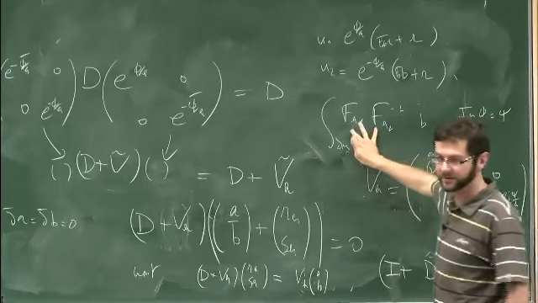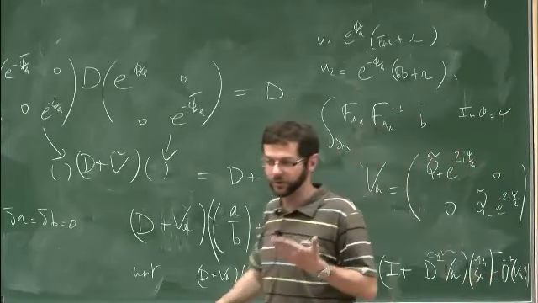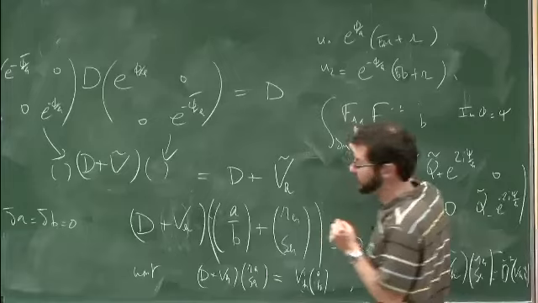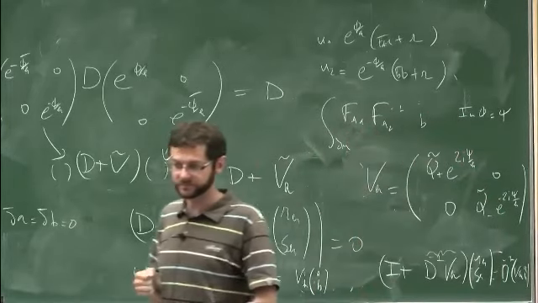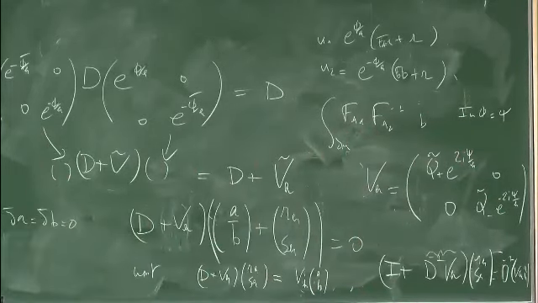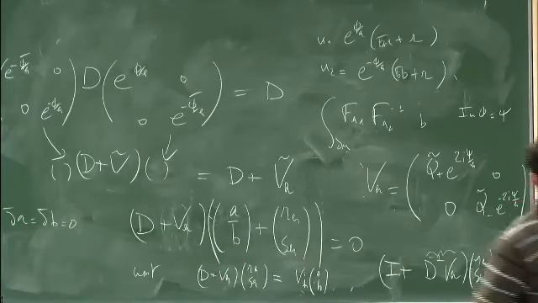And this proves that this guy is the boundary value of a holomorphic function, which means that you can modify one of those so that you get the identity, modified by the appropriate holomorphic function. And then you can choose the gauge to be the same on the boundary.